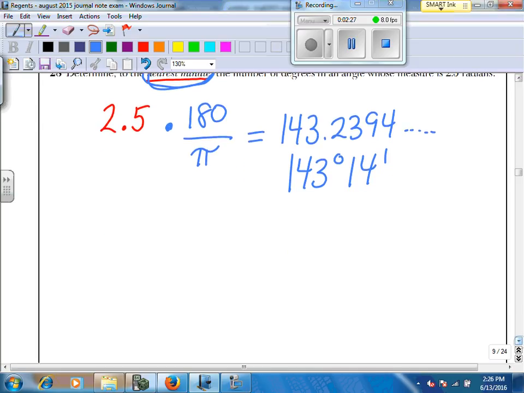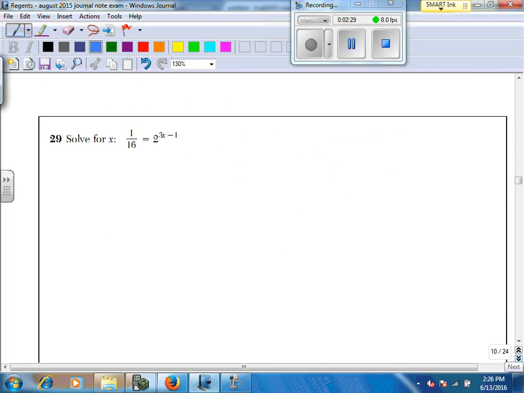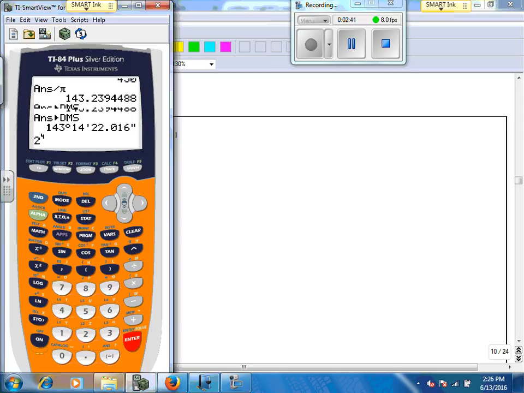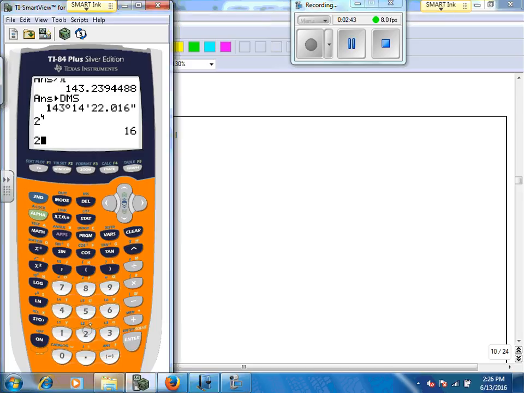Okay, next question. Solve for x. Well, this is one of those problems where we can get a common base. The problem is 1 over 16. If we were just working with 16, 16 is, I believe, 2 to the 4th. So 1 over 16 is actually 2 to the negative 4th. If you press math, enter, enter, there's my 1/16.